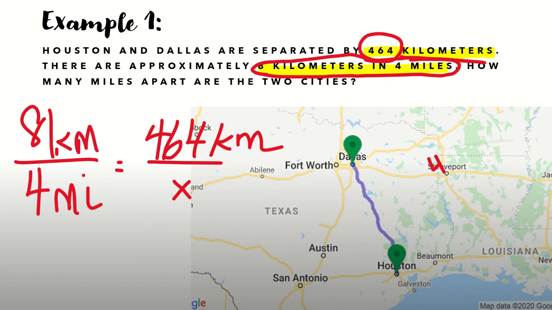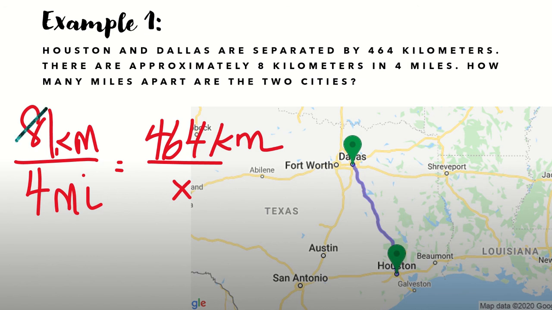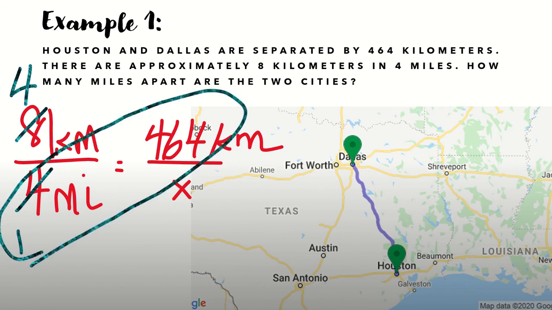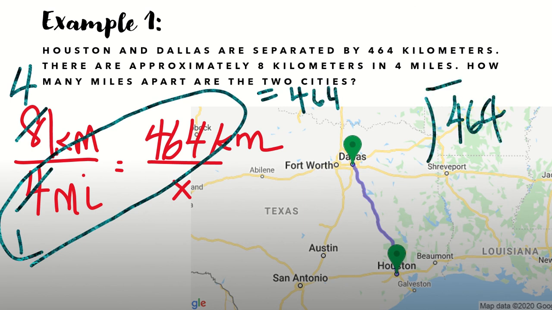All of this should look familiar now. We've done this before. Actually, first, why don't we simplify? That becomes 4 over 1. And then we can do bat and ball. 464 times 1 is 464, divided by 4 to get our answer.